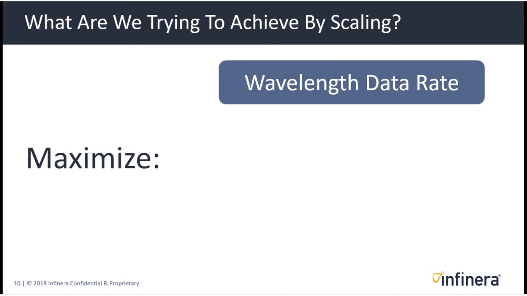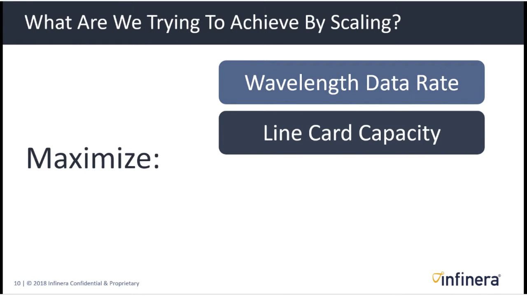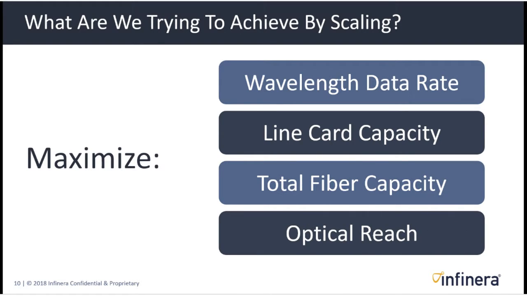First is wavelength data rate. Then we have line card capacity, total fiber reach, and optical reach. Now, the last 2 are the most obviously difficult to maximize at the same time, because when we increase fiber capacity using a given transmission technology, we'll inevitably reduce optical reach and vice versa.